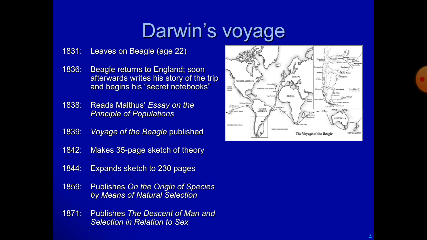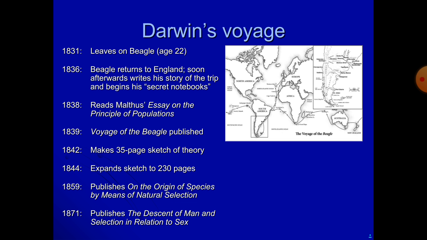Next, we have Darwin's voyage. In 1831, Charles Darwin, at the age of 22, leaves on the HMS Beagle. After 5 years, by 1836, the Beagle returns to England. Soon afterwards, he writes the story of the trip and begins his secret notebooks. By 1838, he read Malthus' essay on the principles of population, and by 1839, Voyage of the Beagle was published.